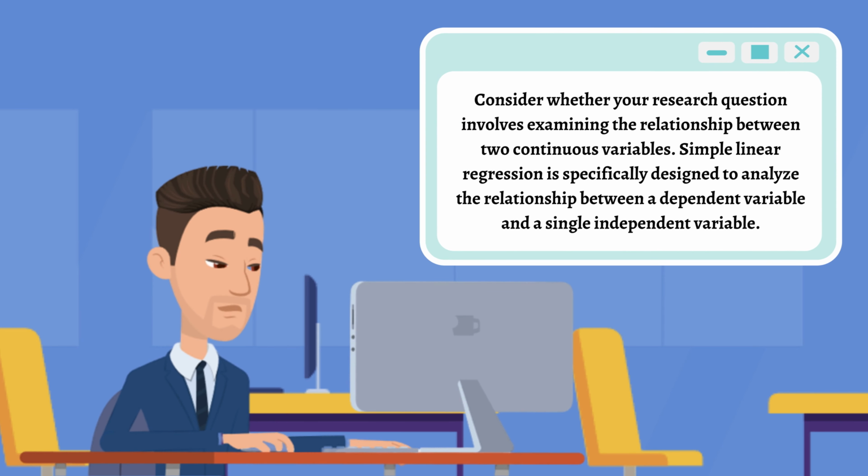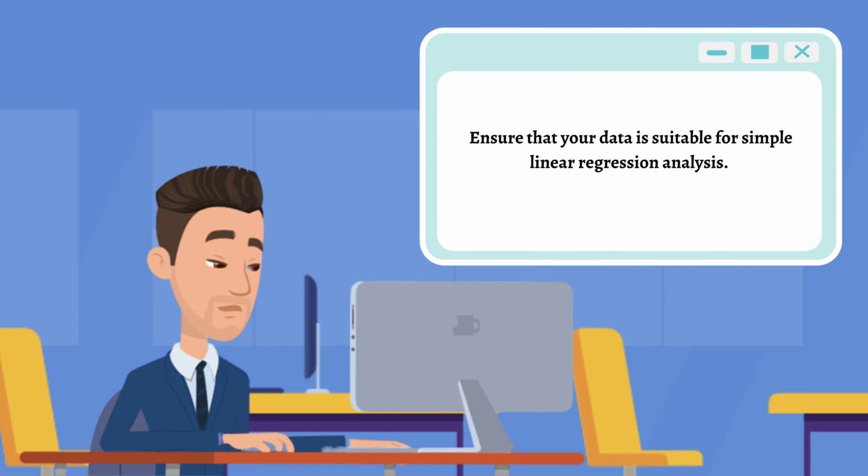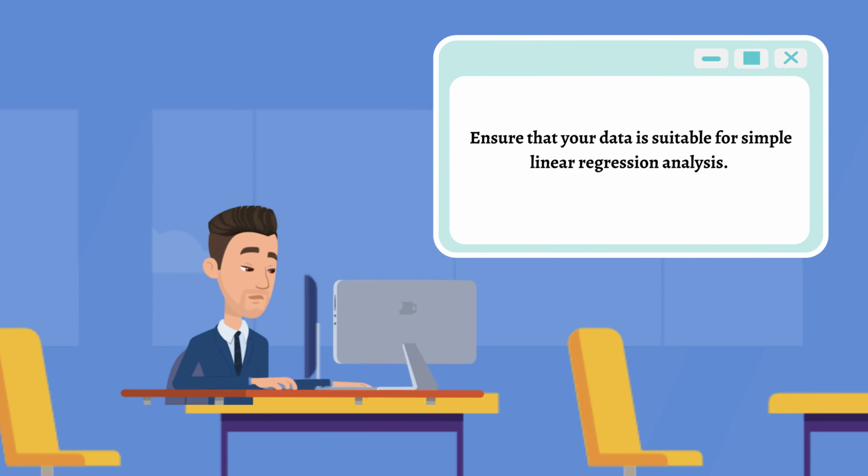First, consider whether your research question involves examining the relationship between 2 continuous variables. Simple linear regression is specifically designed to analyze the relationship between a dependent variable and a single independent variable. Second, ensure that your data is suitable for simple linear regression analysis.